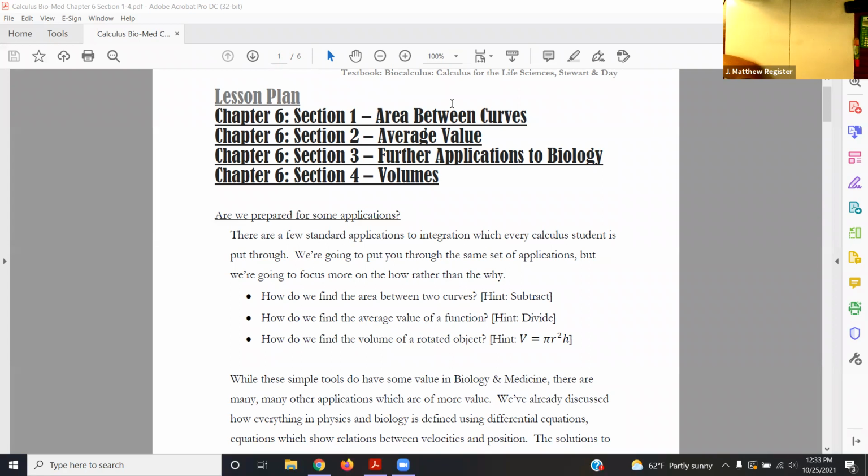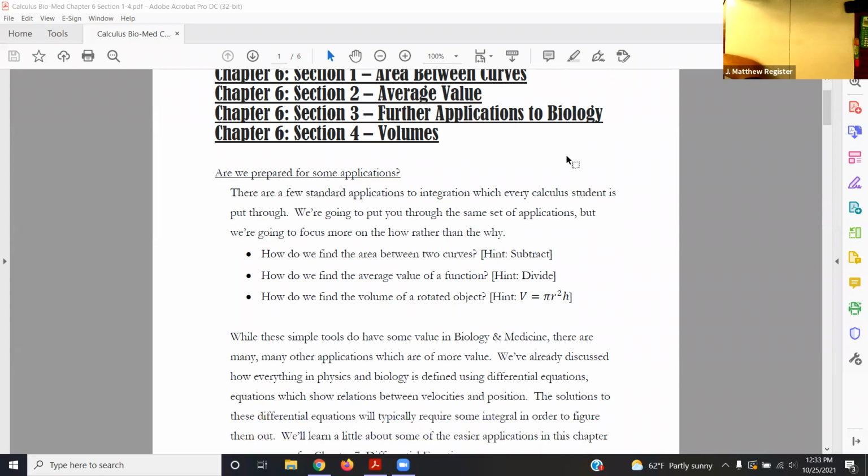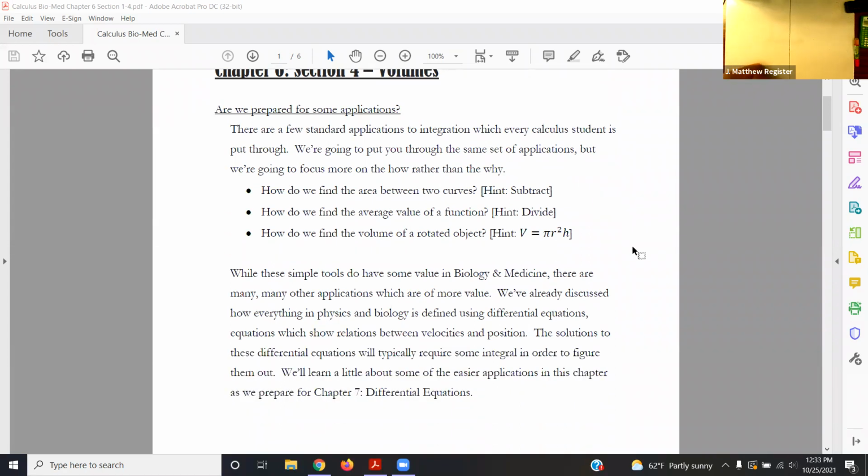The other one is the further applications to biology. And those are some more advanced models. Basically, when you are thinking about what the definite integral represents, the definite integral can represent the area under a curve, but what types of things can be modeled by the area under a curve? It turns out you could basically model anything using that.